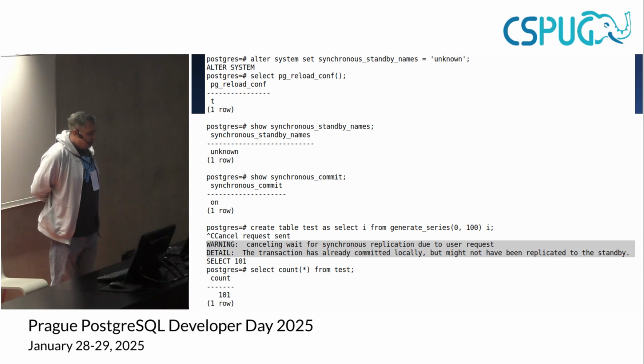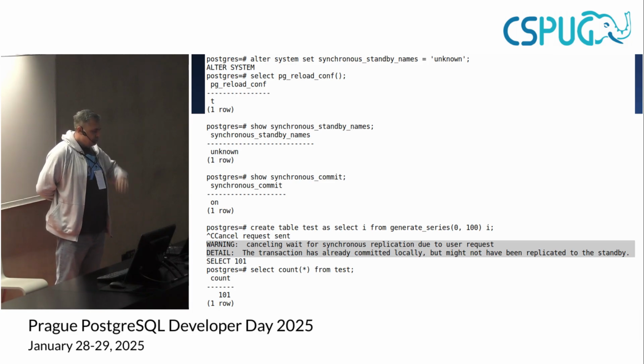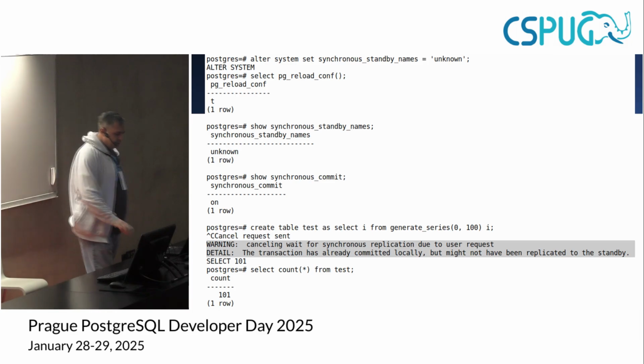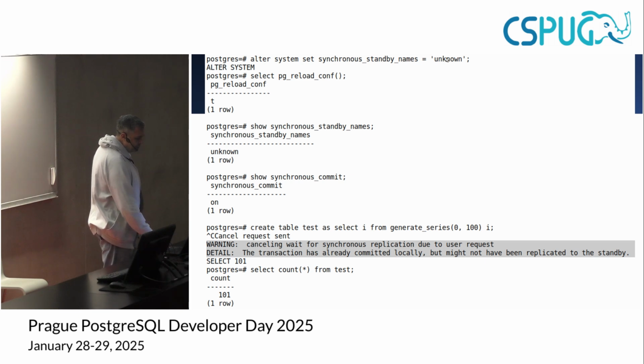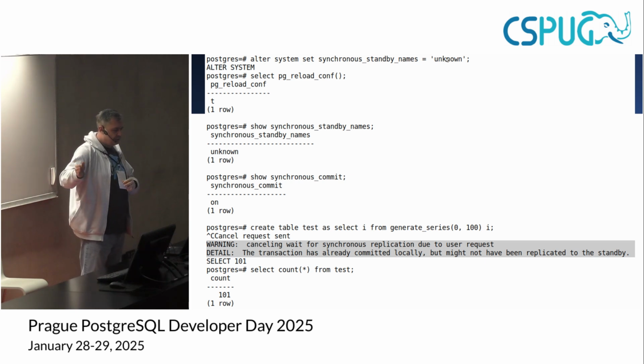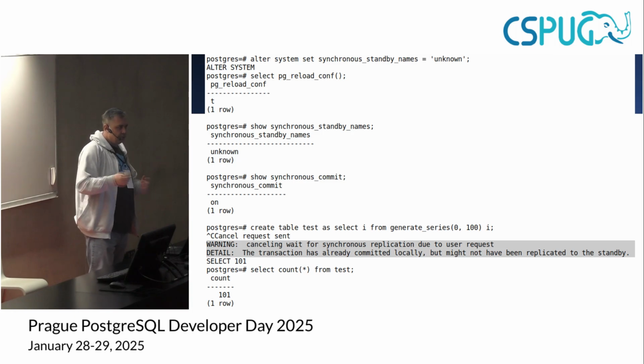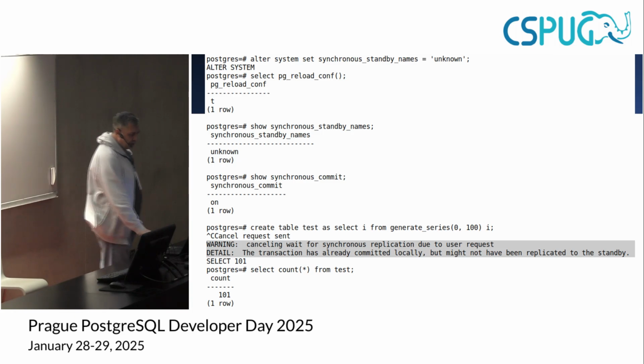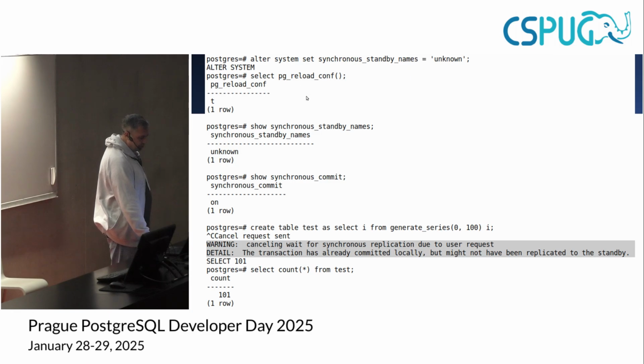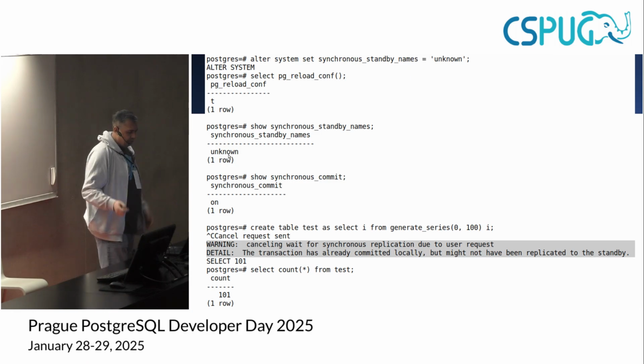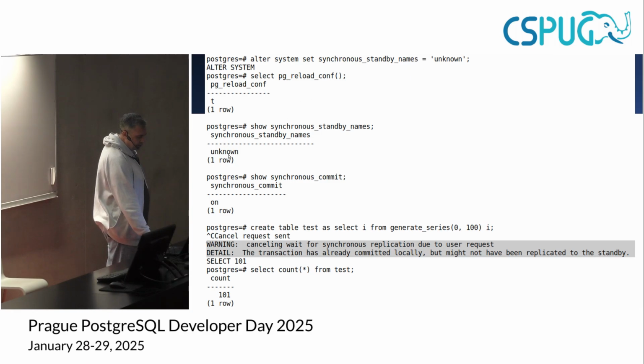However, let's consider a very simple situation. We set synchronous_standby_names to some value which is the name of an unknown node, which does not exist on the system. You can do it on just a single-node Postgres. And we reload the configuration. After the reload, we can check that indeed synchronous_standby_names was changed to unknown.